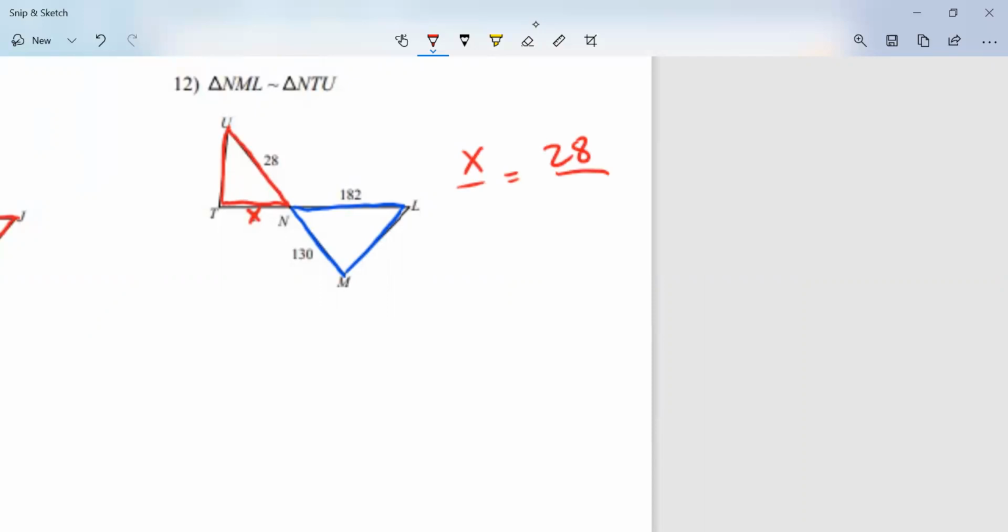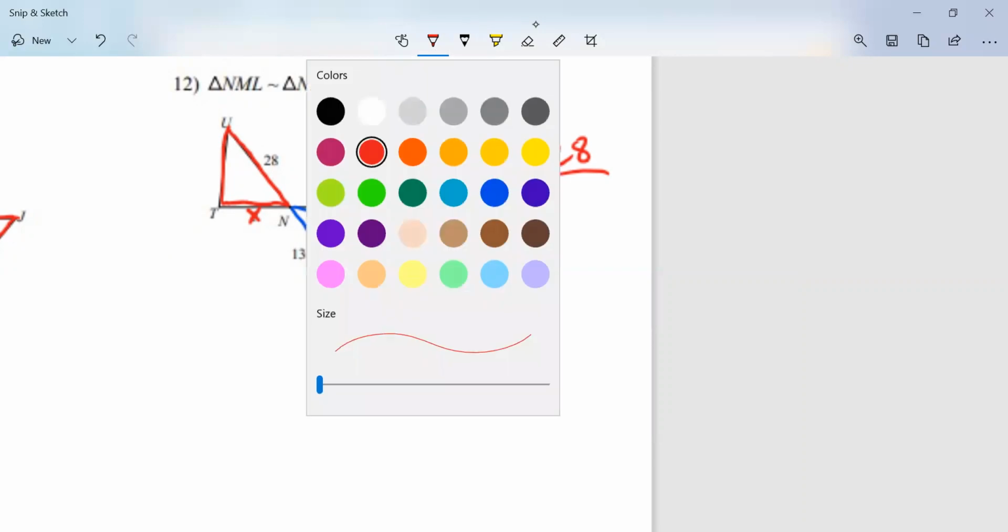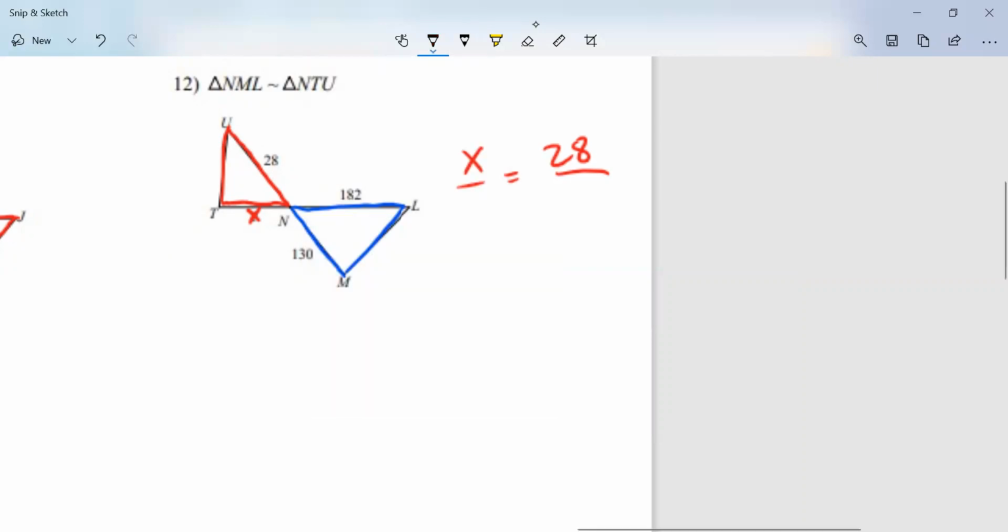Again, if you can already tell if x is smaller or bigger, then you already know which number to write under each of these two. If you cannot tell, I'm going to use the notations. x is the side TN, because notice I'm connecting T with N. So x is the side TN or NT.